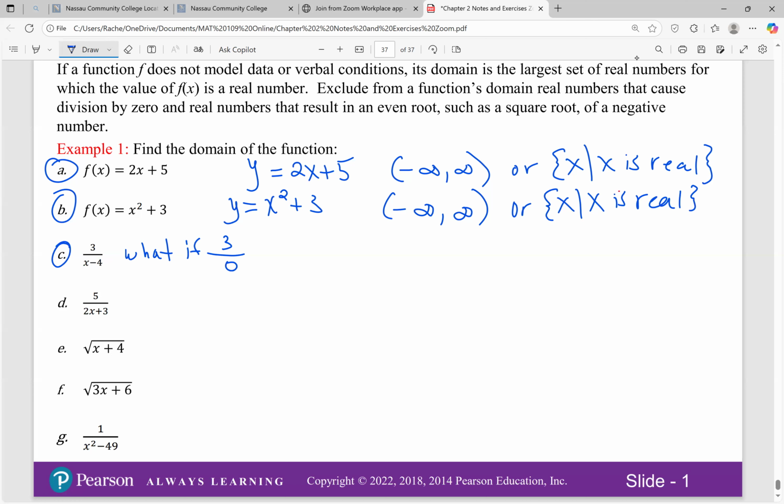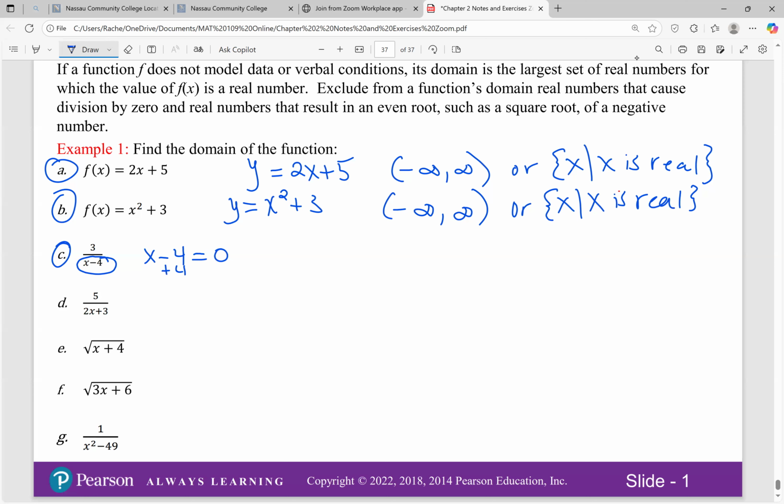So the trick is, whenever you have a fraction and you're trying to figure out what to exclude from the domain, take the denominator, in this case x minus 4, and set it equal to 0, because whatever is going to make x minus 4 equal to 0, we have to exclude that value of x. So set the denominator equal to 0 and solve.